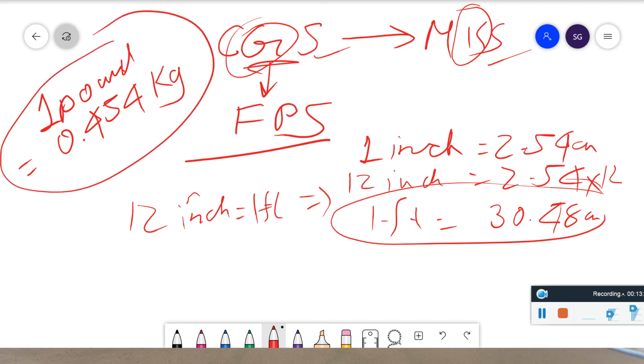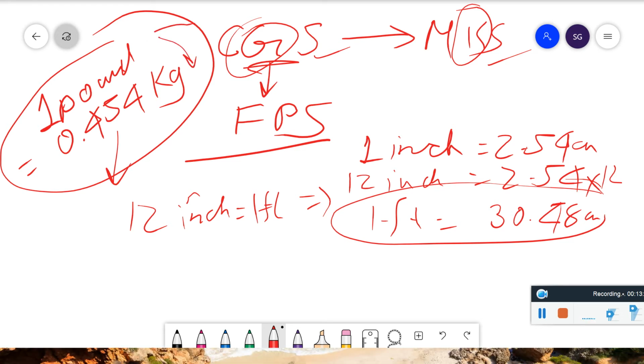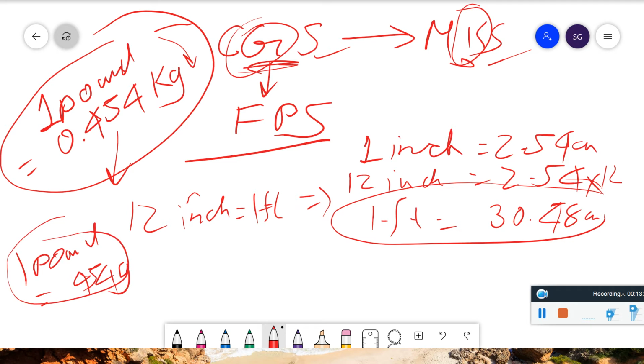Okay, those who are studying in Britain should remember this. So 1 pound is equal to 0.454 kg, and in grams, 1 pound is equal to 454 grams. Okay, I know this relation.